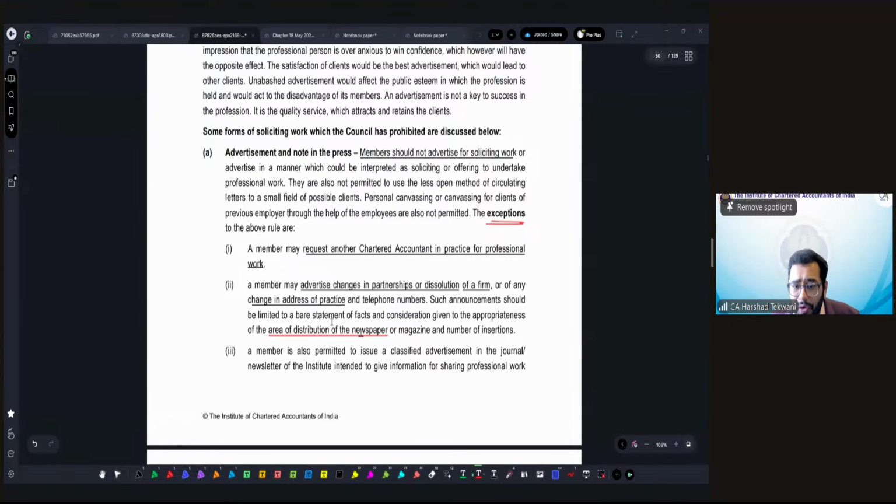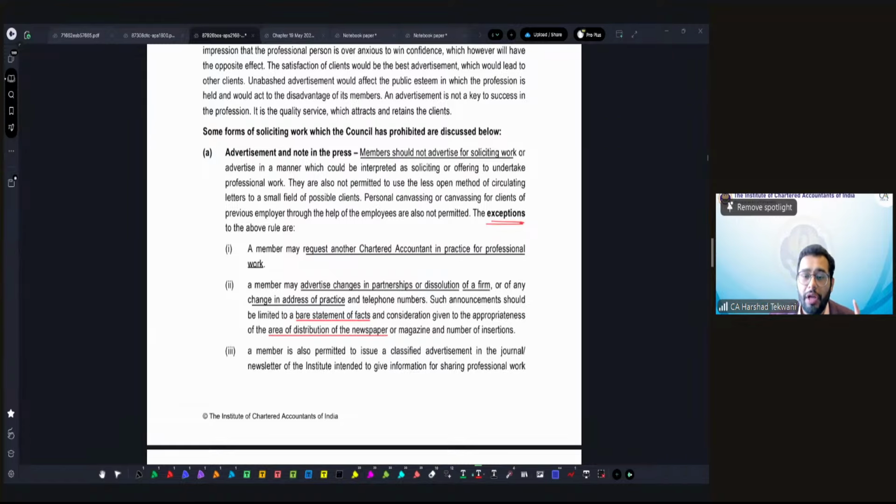Are you giving bare statements or facts, or is it something more to it? For example, saying that XYZ chartered accountant firm has changed address from this to this. This is the bare statement of fact. But if I say the best chartered accountant in Delhi with top 10 clients like this, with area of expertise, now situated at this particular location, that is not a bare statement of facts.